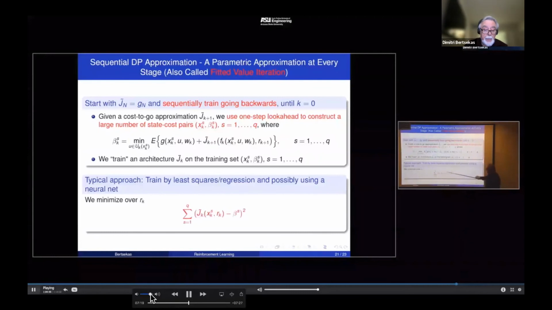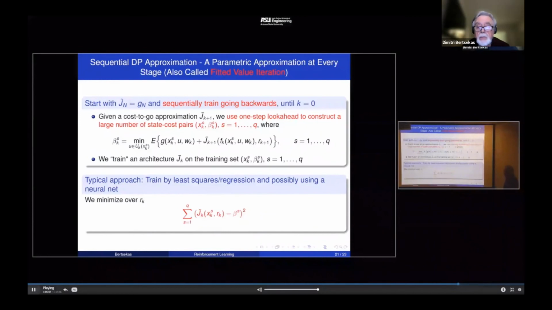So I have this data, I put it into this least squares problem, and I solve this minimization by some form of training algorithm, be it incremental gradient or be it an exact calculation in the case of a linear architecture, and so on. This is very simple and very straightforward. One neural network or one approximation at each stage, and we use the one at time k plus 1 to form an approximation at time k. And we go backwards, and we obtain these approximations, and by minimization, in one step look ahead, we can get a policy, an approximation to the policy.